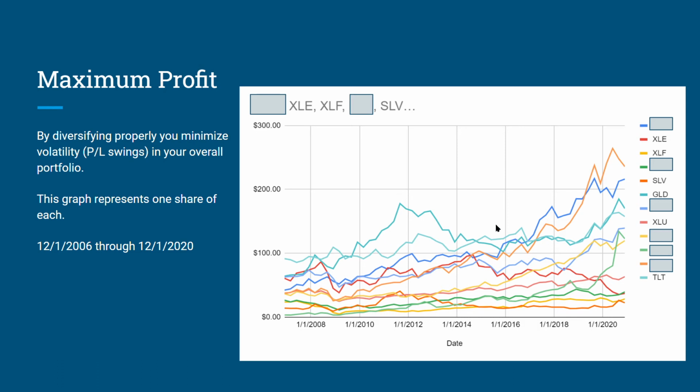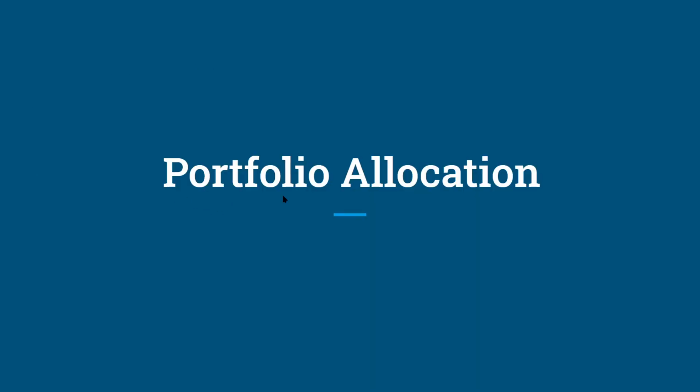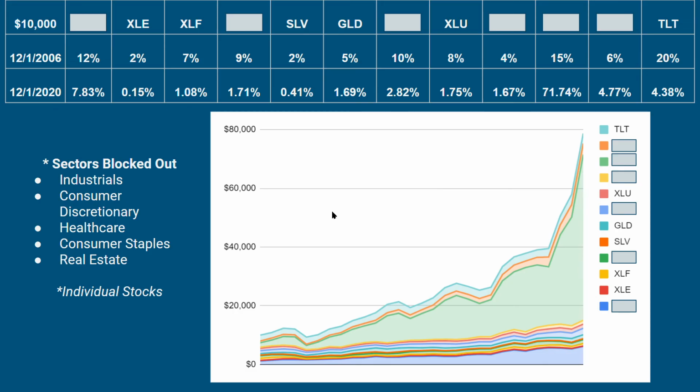One share in each of these. Portfolio allocation. Now, had we invested in the same underlyings in a specific portfolio, this would have been what it would have looked like over that 15-year period. Okay. So $10,000 invested one time, okay, in these 12 different ETFs and stocks at these allocations back then, right?